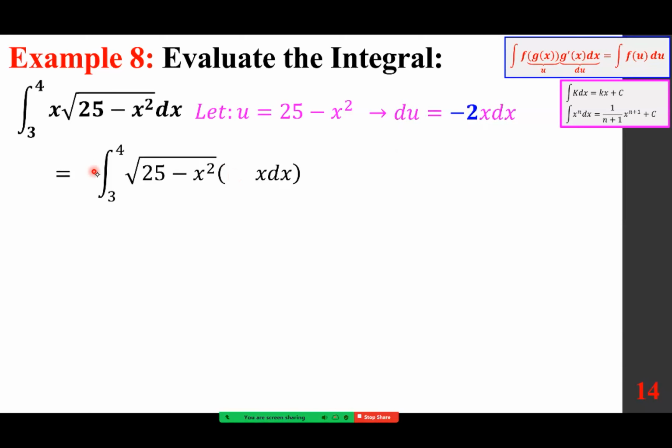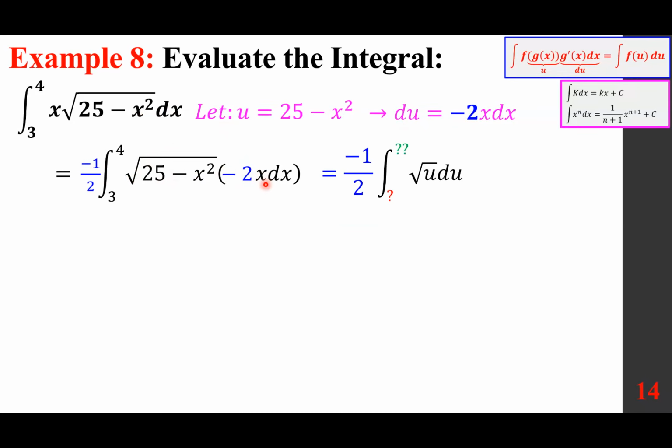How do you undo that? It's reciprocal, negative 1/2. Again, the product of these two numbers must be 1. So we are looking at negative 1/2 integral of square root of u du, and I'm not going to write the new limits yet. We will look at it later on. But for now, we are not going to keep track.